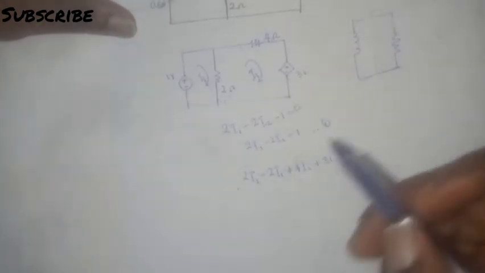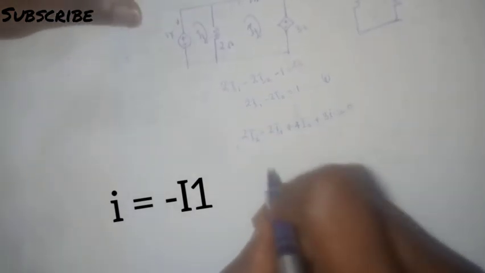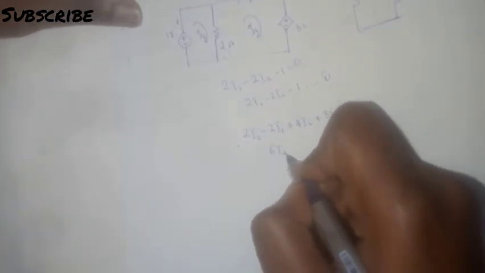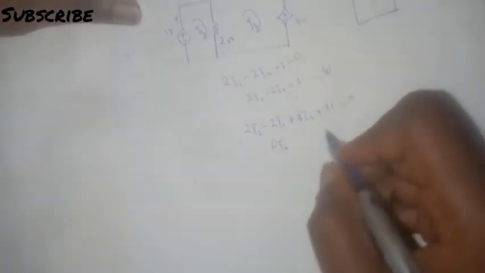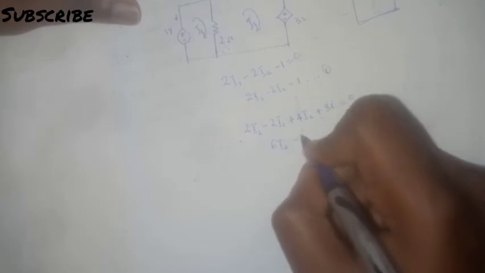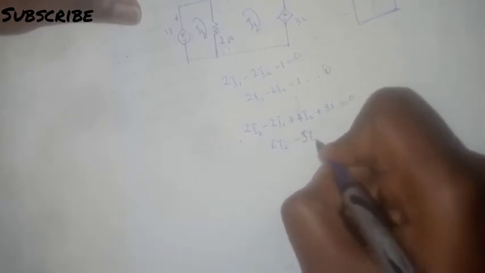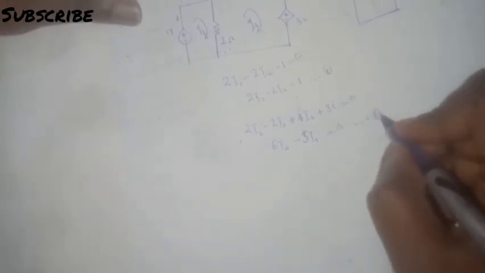Now, one thing you want to know is that I flows in this direction, so I is equal to minus I1. So we can write that as 6I2 minus 2I1 minus 3I1, that will be minus 5I1 equals 0. We can call this our second equation.